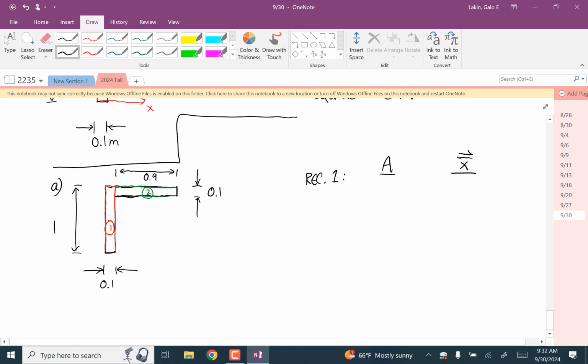So what's the area of this rectangle? Rectangle 1, centroids, we're in statics. 1 by 0.1, yeah, so the area is 1 times 0.1. And then what about the centroid? What about the x-centroid? How far from the lower left corner do you have to go to get to the x-centroid? 0.05. Yeah, 0.05, perfect. And then how far up do you have to go from the bottom to get to the centroid?